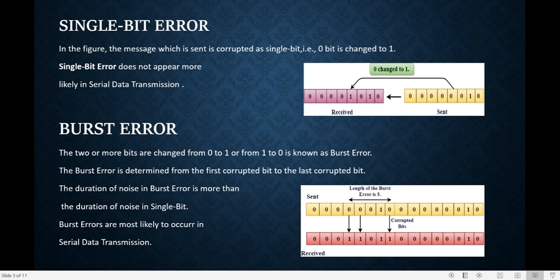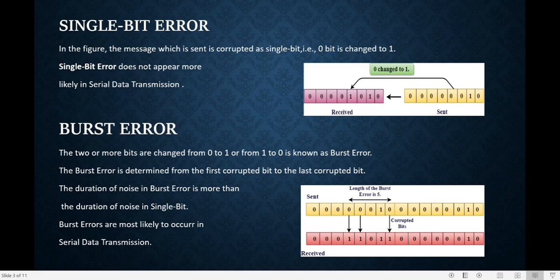Now let's see what is single bit error. A single bit error refers to a type of data transmission error that occurs when one bit, that is a single binary digit of a transmitted data unit, is altered during transmission, resulting in an incorrect or corrupted data unit.